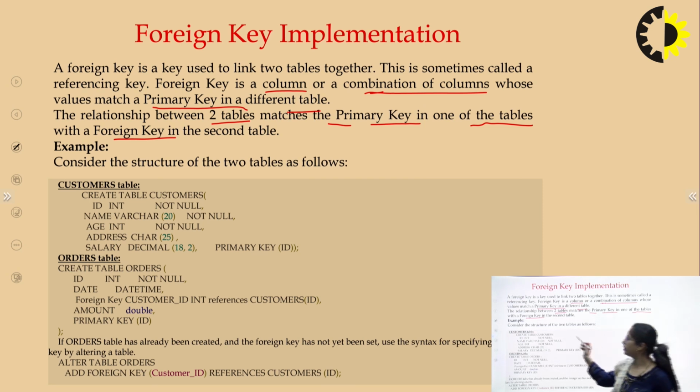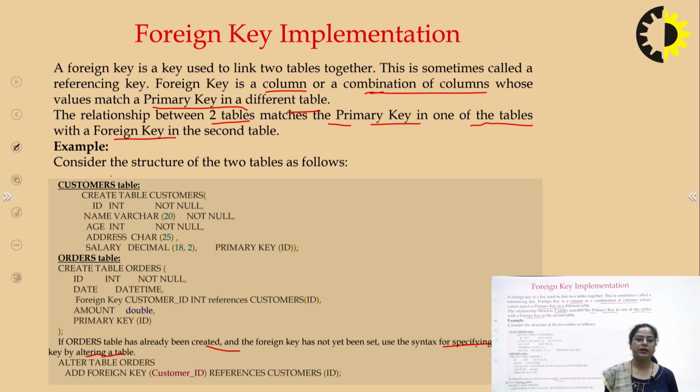With an example, we can consider the structure of two tables. I have two tables, a customer table and an orders table. If the orders table has already been created and the foreign key has not yet been set, use the syntax for specifying a foreign key by altering the table.